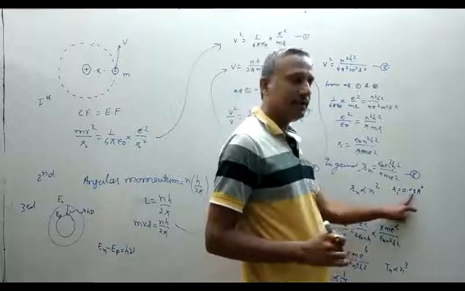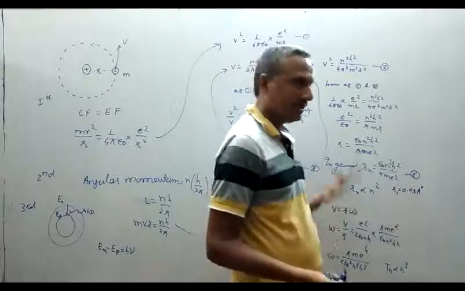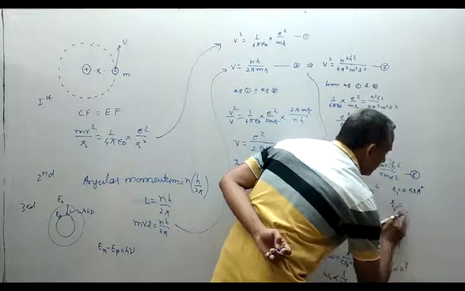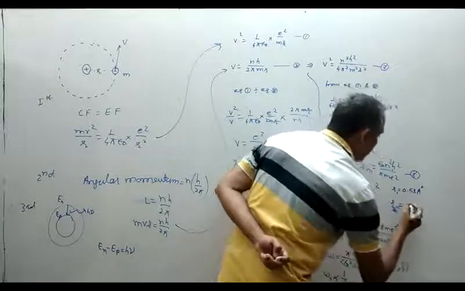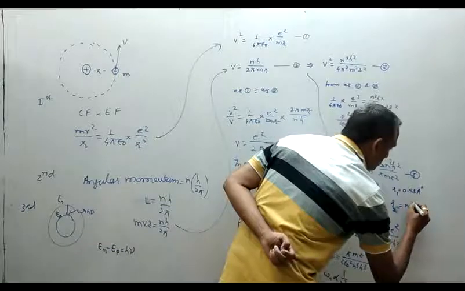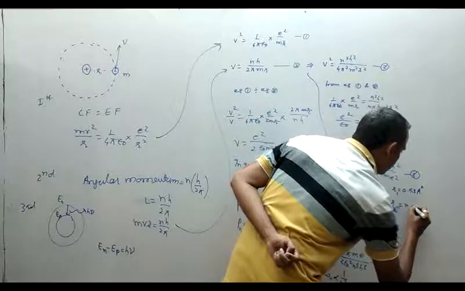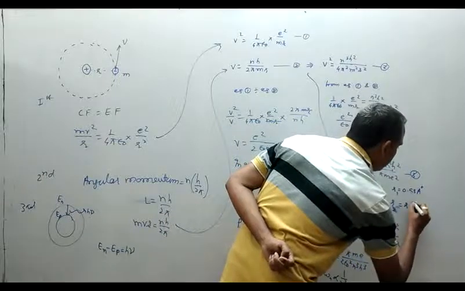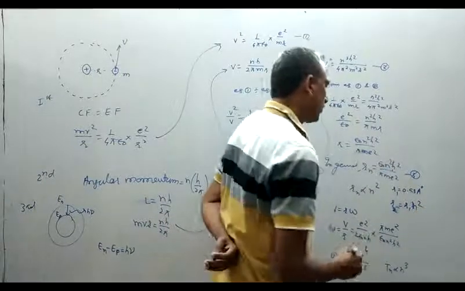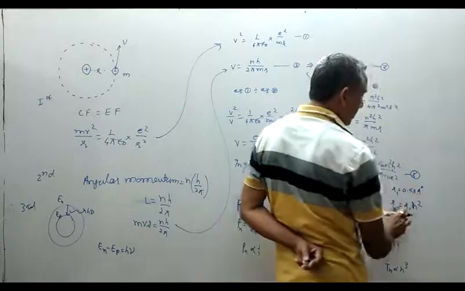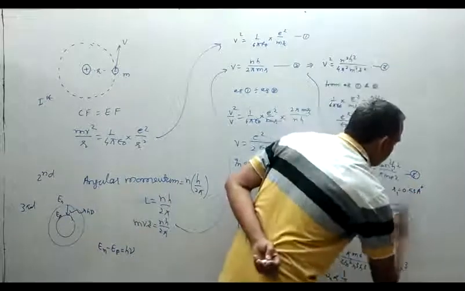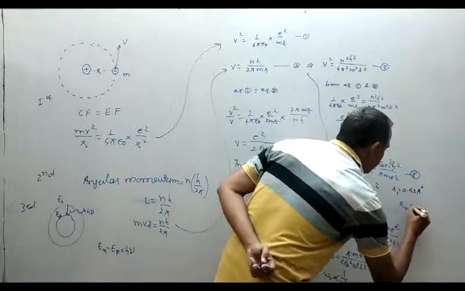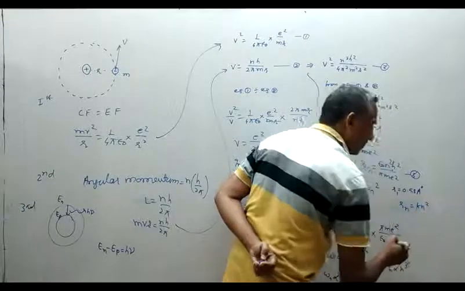If we know the value of radius of electron in first orbit, then we can determine the second. So what is the formula for the second orbit? Using this relation, we can write rn is directly proportional to n square. From this equation, we can write rn is equal to k into n square.